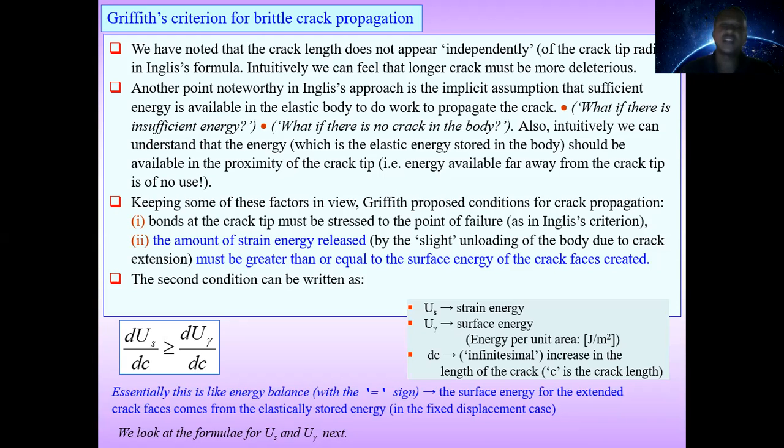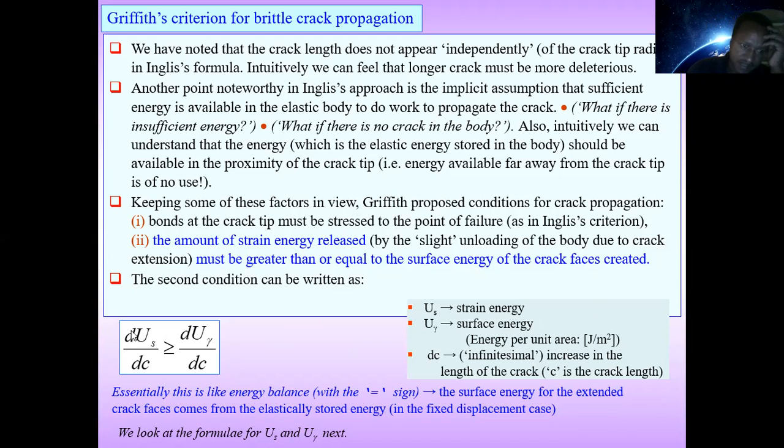The amount of strain energy released by the slight unloading of the body due to crack extension must be greater than or equal to the surface energy of the crack face created. The second condition: this means the amount of strain energy released must be greater than or equal to the surface energy of the crack face created.